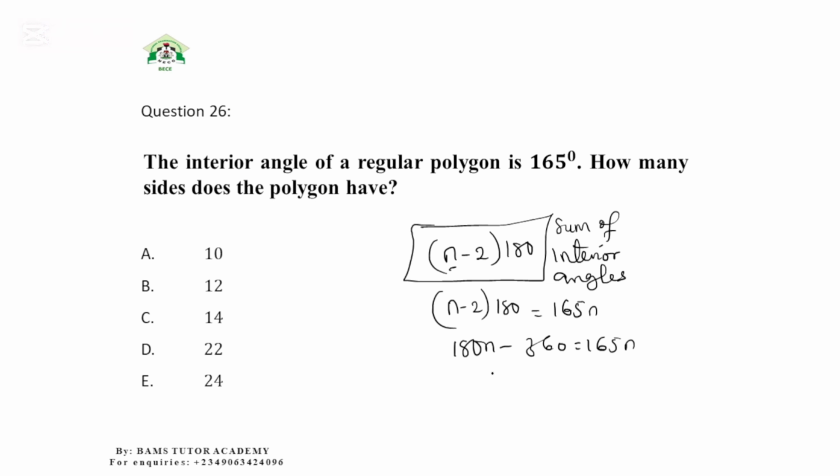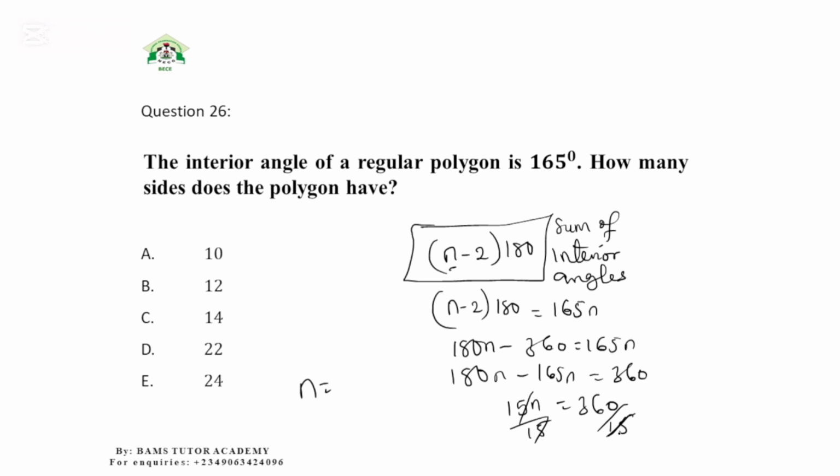So collect like terms: 180n minus 165n equals 360. So what do I do? 180 minus 165, that should be 15n equals 360. Divide both sides by 15. Here, what do I have? n equals 360 divided by 15.